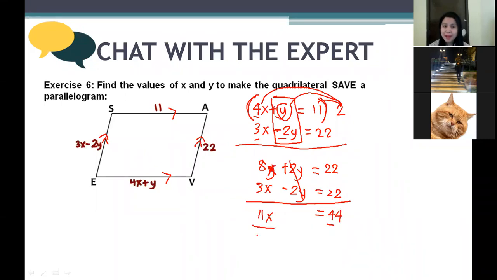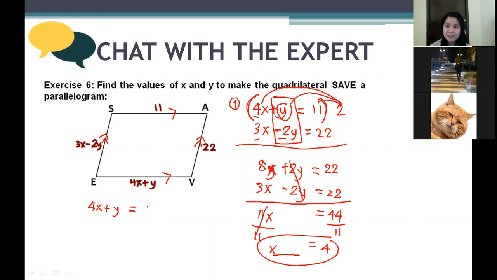Divide both by 11, the numerical coefficient of x. So cancel. We're left with x equals 4. So our x now is equal to 4. We now have our first value. So let's go to our first equation. 4x plus y equals 11.